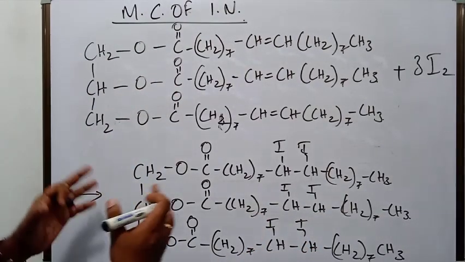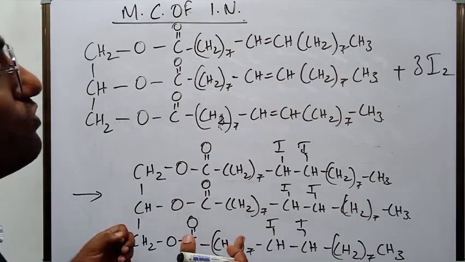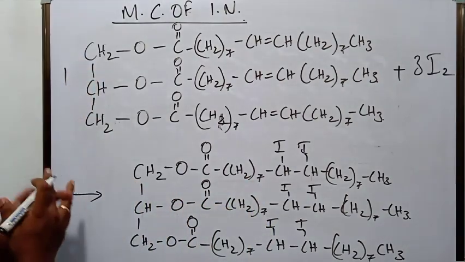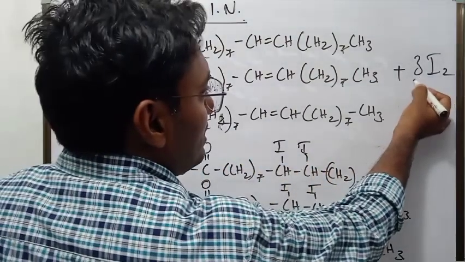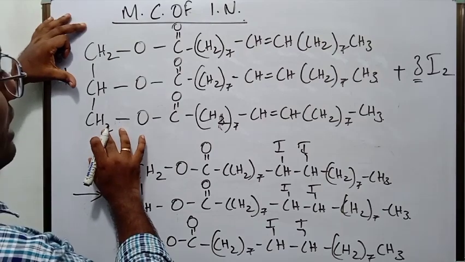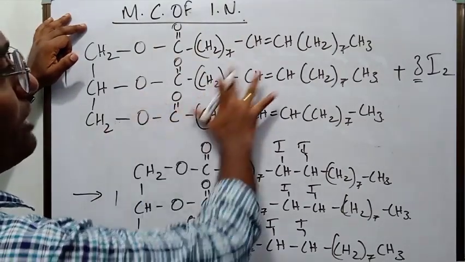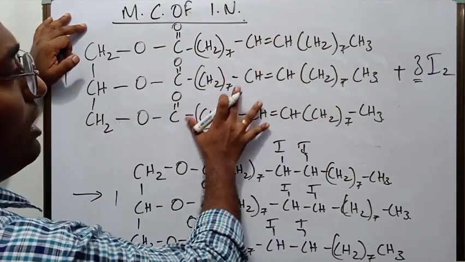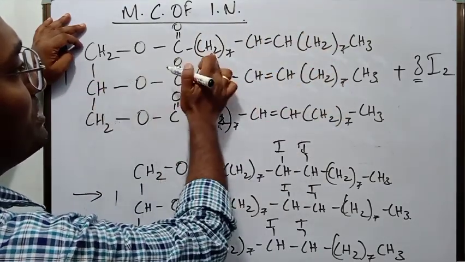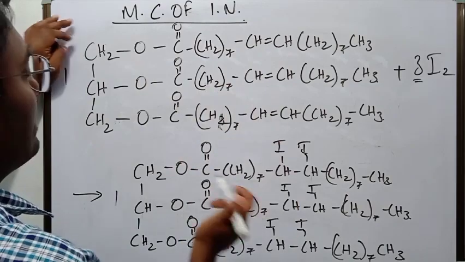So now let us calculate the amount of iodine that is required. As you can see, this is 1 mole, these are 3 moles and this is 1 mole. So we will calculate the molecular weight of this. How do we calculate the molecular weight? We have to know the number of carbon atoms, hydrogen atoms and oxygen atoms. I will write the molecular formula for this.